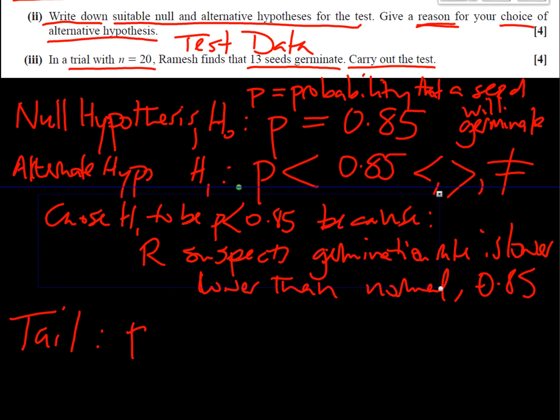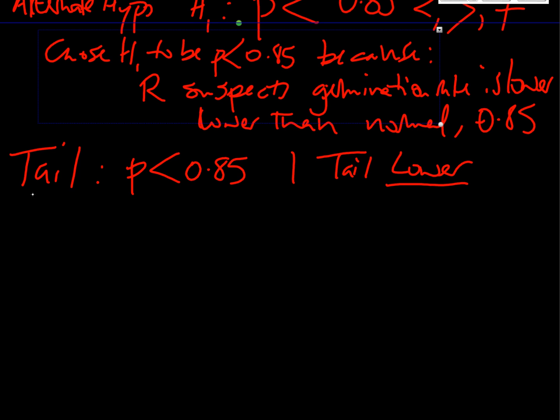In this case, we know that we're interested in P being less than 0.85, so we know we're interested in 1 tail, and we know we're interested in the lower P area, and the lower number of germinations. So that's useful information to us. The next thing we need to look at is our significance level.